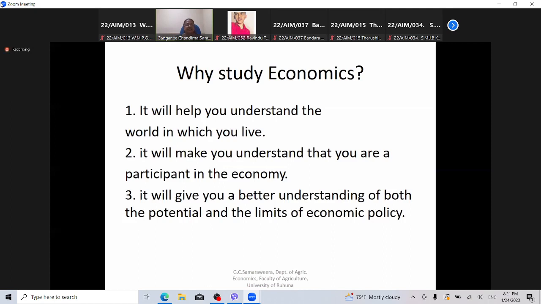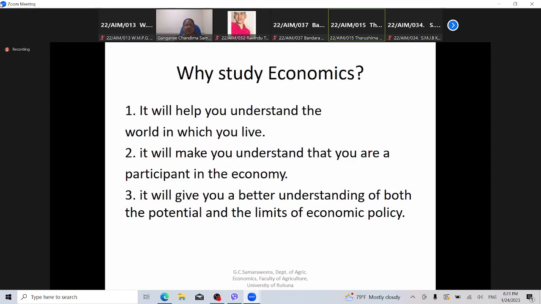Another thing, it gives you a better understanding of both the potential and limits of economic policy, because there are different economic policies. Then you can understand how these policies have potential to implement, and sometimes some policies have some limits.